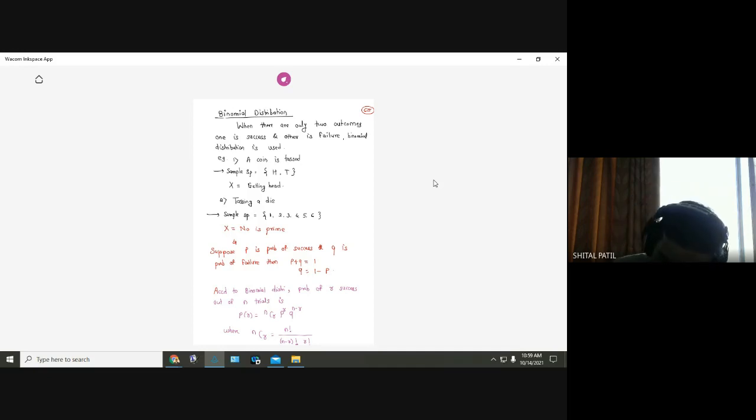Right? This is a very important part, yes? You have to remember this. Probability of r successes out of n trials is nCr p raised to r q raised to n minus r. Okay? Below this, write down a note.